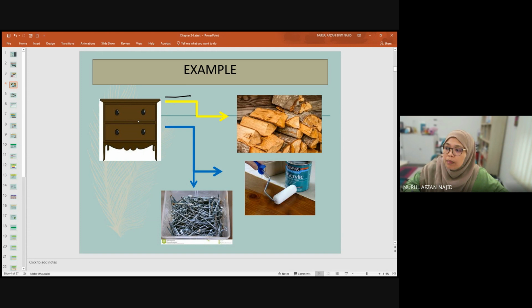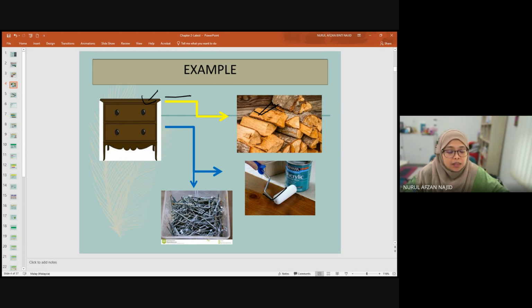So bila you nak produce furniture, okay, table ni, kayu ini adalah benda yang utama, the main ingredient, okay, main ingredient to produce a furniture. But the blue line is that paku, cat, varnish and so on are the indirect material.